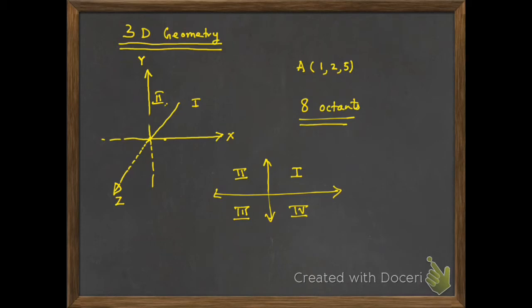I'll give you a simple way of remembering it as to which octant a particular point lies. So we divide this into 8 octants, 1, 2, 3, 4, 5, 6, 7, 8.